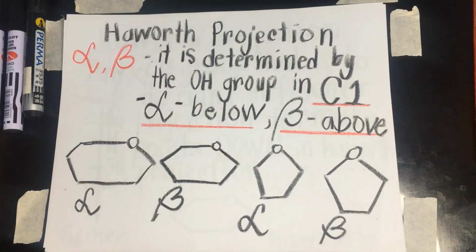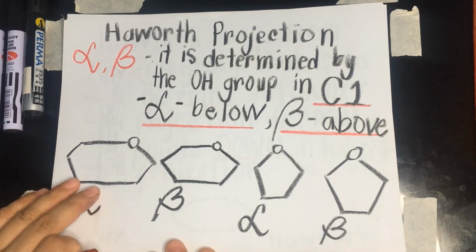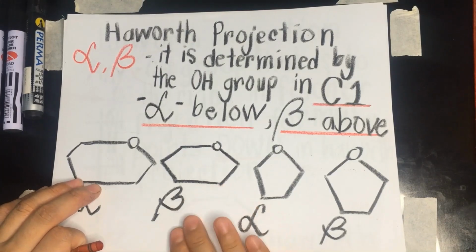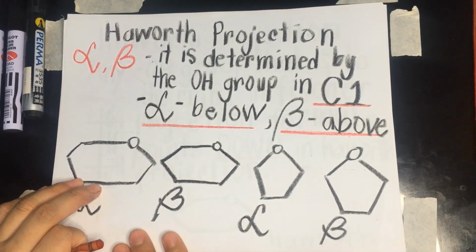In Haworth projection, the alpha and beta configuration is also determined by the hydroxyl group that is located in carbon number 1. Alpha means below, beta means above. These are the two rings that are being used in our Haworth projection.